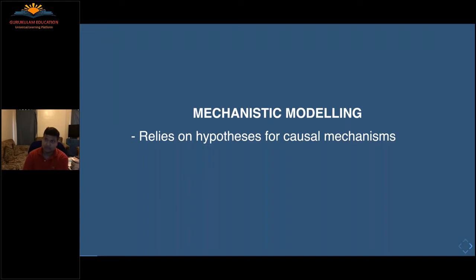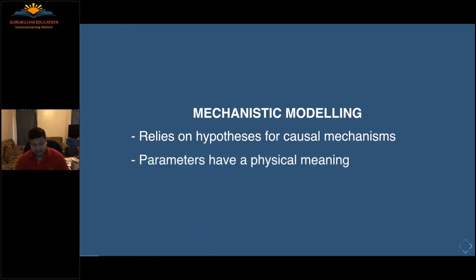The good thing about this approach is that it relies on hypotheses for causal mechanisms, so you actually try to understand the mechanisms behind the disease progression and the spread of the disease. And typically, the parameters here have a physical meaning, so it's easy to interpret the model.